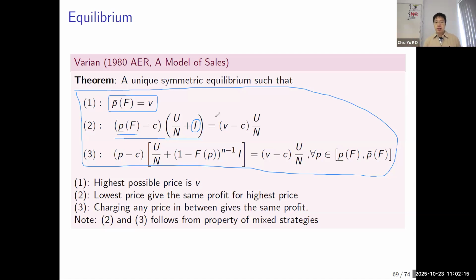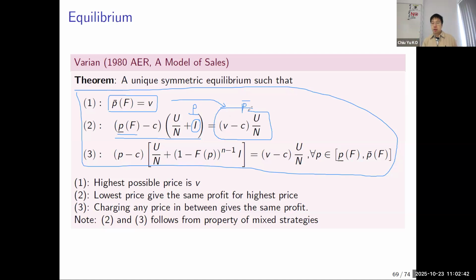And your winning payoff must be the same as when you are losing, to be indifferent. You must be indifferent compared to the highest price. Remember, if you are doing a mixed strategy, you're indifferent between charging the lowest price and the highest price.